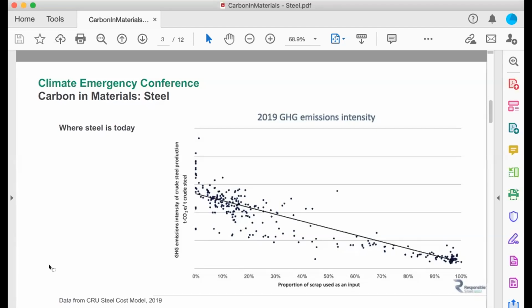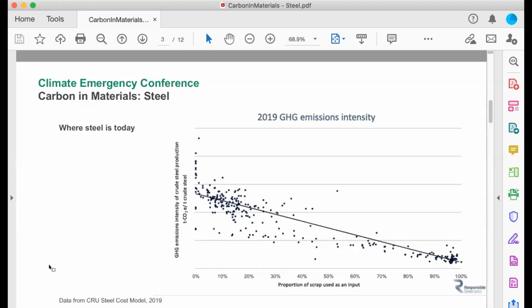And on the y-axis, you've got the greenhouse gas emissions intensity, so carbon dioxide equivalent emissions per ton of steel produced. On the left, you've got high iron ore making for steel, up to 100% iron ore. On the right, you've got up to 100% scrap metal.